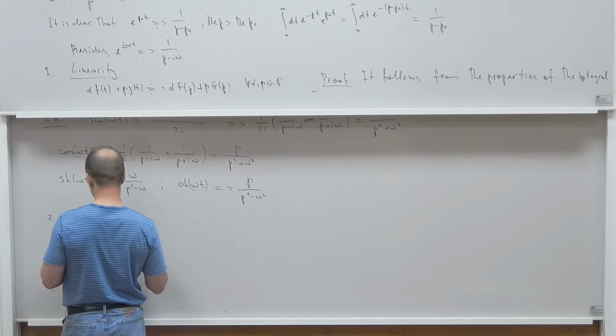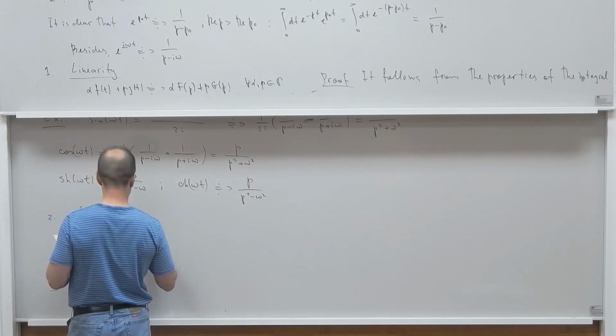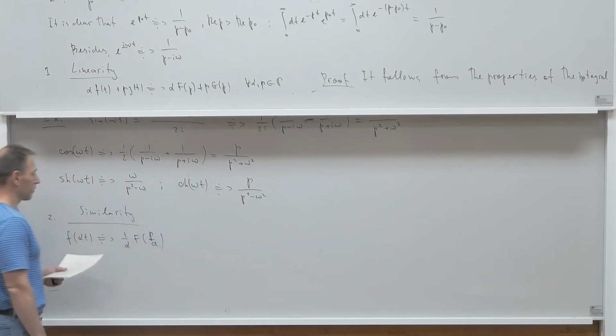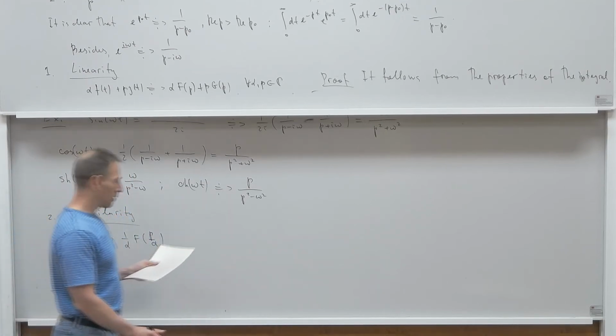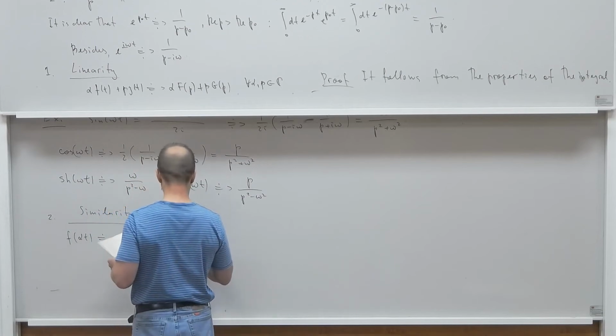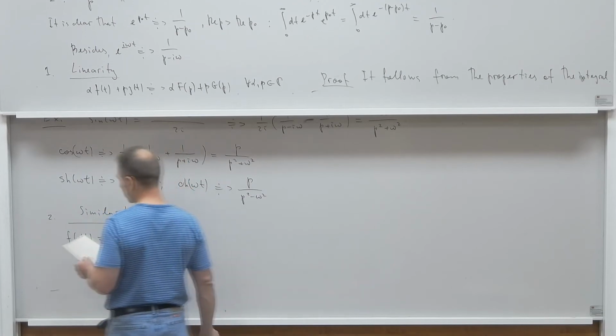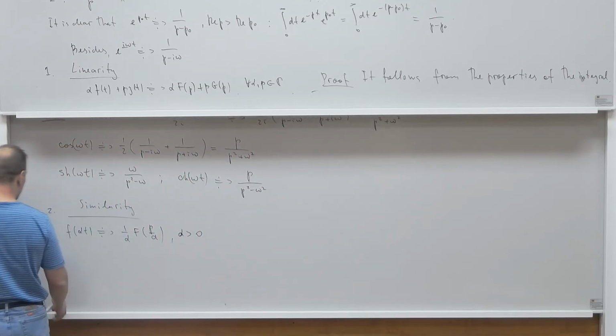It says that it is equal to 1 over alpha times F depending on p over alpha. There we assume that alpha is greater than c.